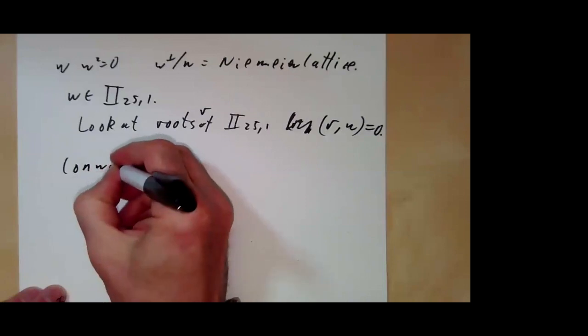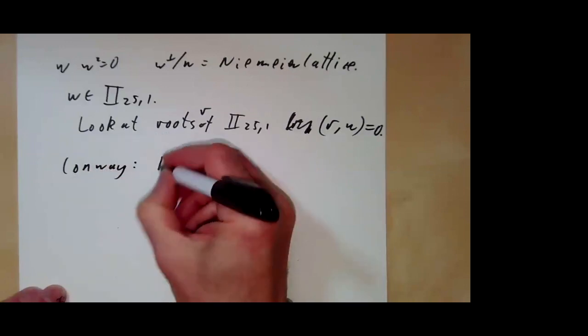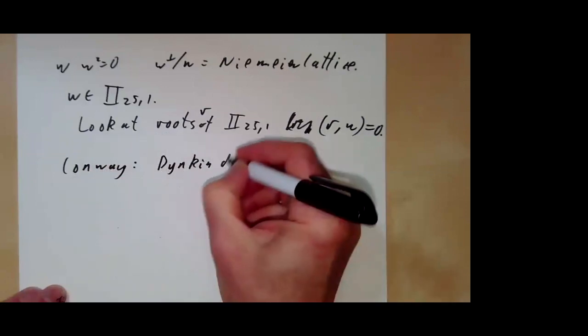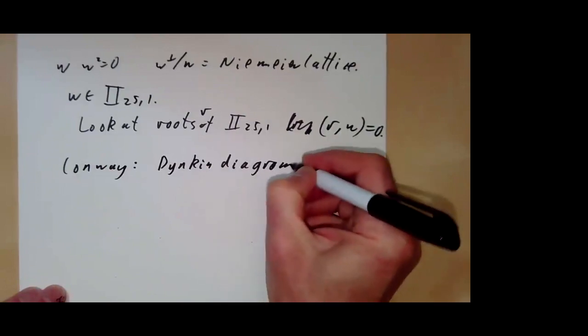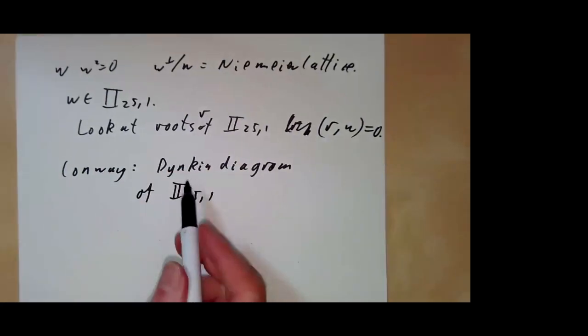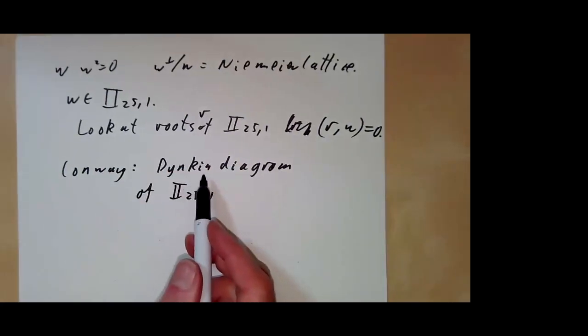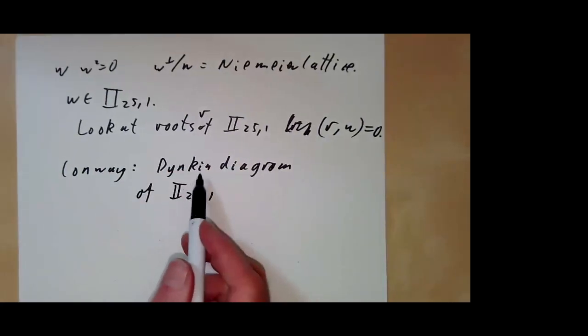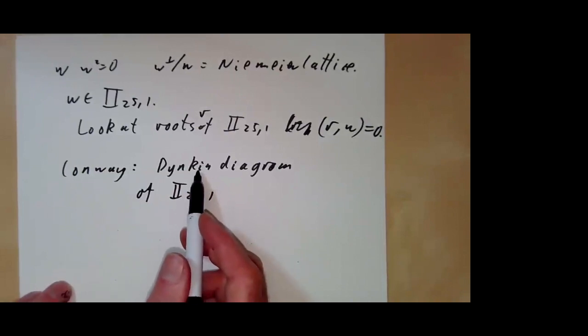And Conway took this further and found this amazing description of the Dynkin diagram of II_{25,1}. Vinberg showed that this Dynkin diagram was infinite. But Conway managed to actually describe it explicitly in this very simple form.